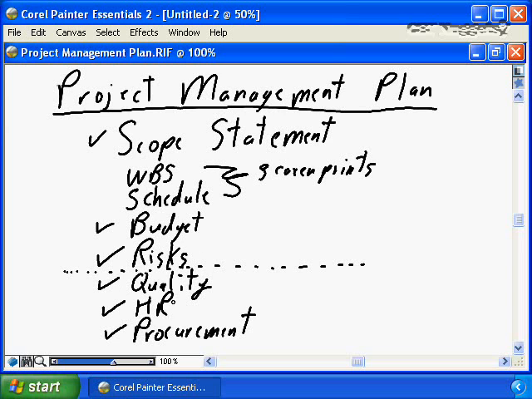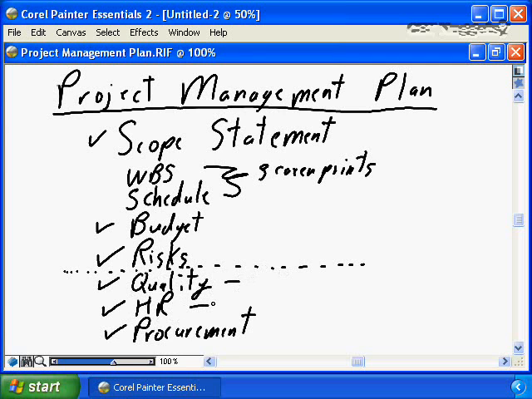The items below the dotted line, not to suggest that they are less important, because I think all components of planning are important, but you may not need to include specific sections in the project management plan related to quality. A statement on quality in the introduction or the executive summary saying this is the quality expectation for the project may be sufficient for smaller, simpler, less complex projects.